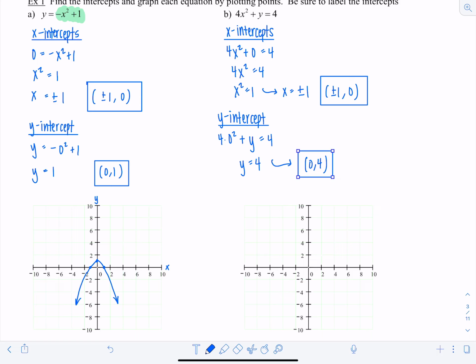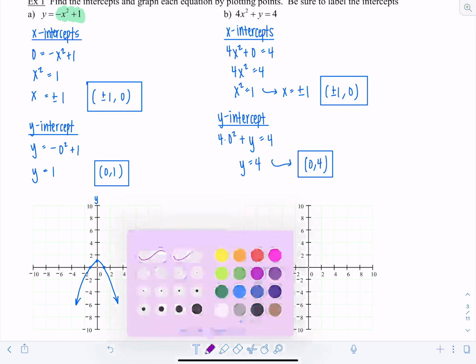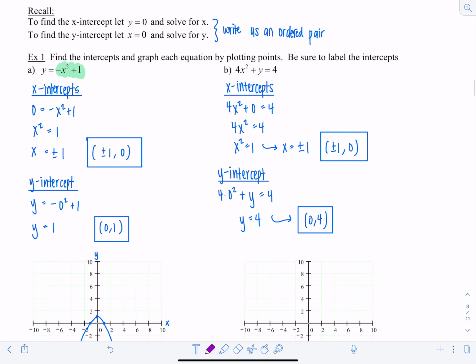All right. Now, if you'll notice, this is actually another parabola, and it's just been shifted, which we're going to get into in a later lesson. But this equation is y equals negative 4x squared plus 4.